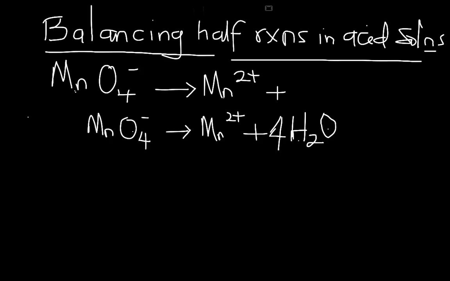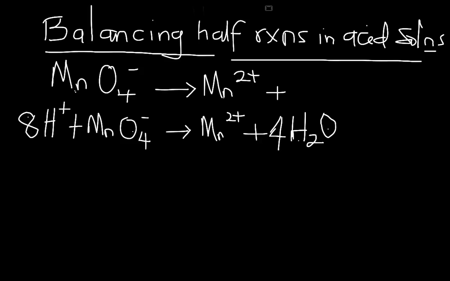So we're going to add 8 hydrogen. If you watched our video on the rules that govern redox reactions, we told you that anywhere we have hydrogen, that's the second rule, hydrogen goes with 1 plus. So now we've balanced the hydrogen.